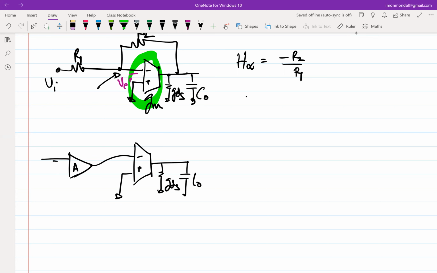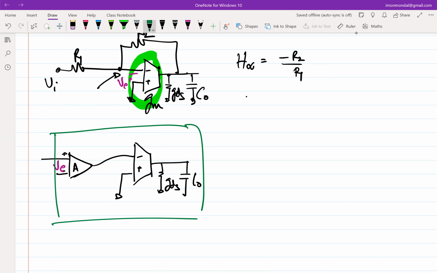Now if I replace that entire contraption with this, then this will become my VE. If I put this inside a box, I can put a negative feedback around it. So this essentially is the agenda.